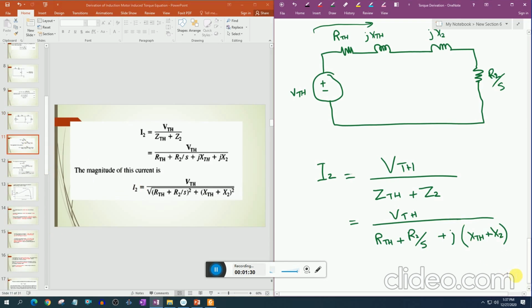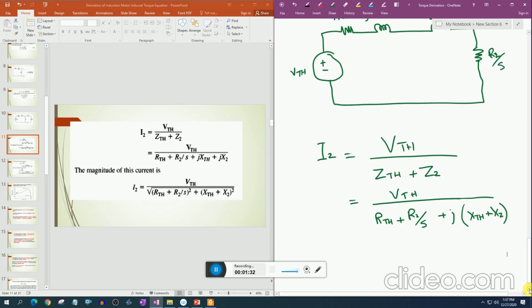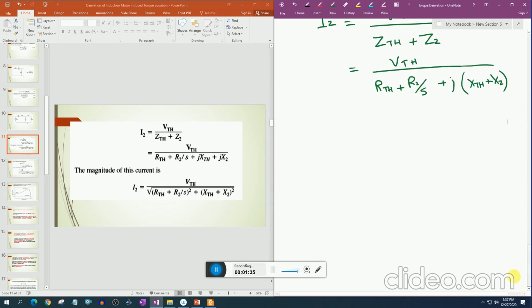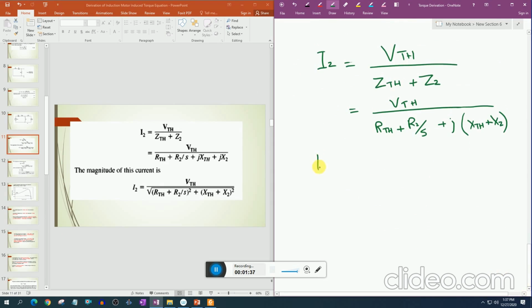And the magnitude of this current is given as V-Thevenin divided by the square root of resistance square plus reactance square.